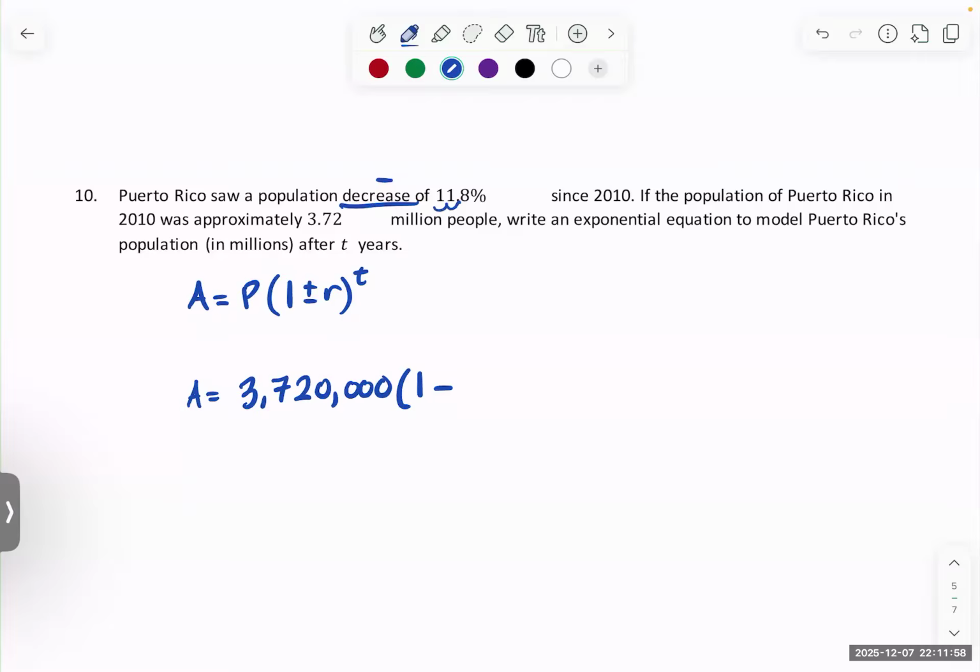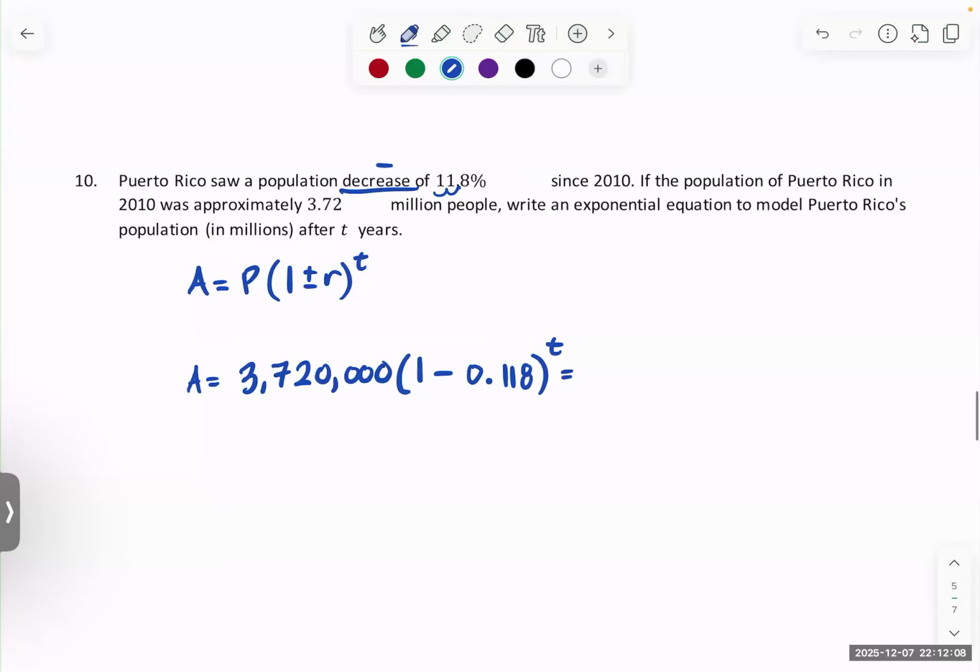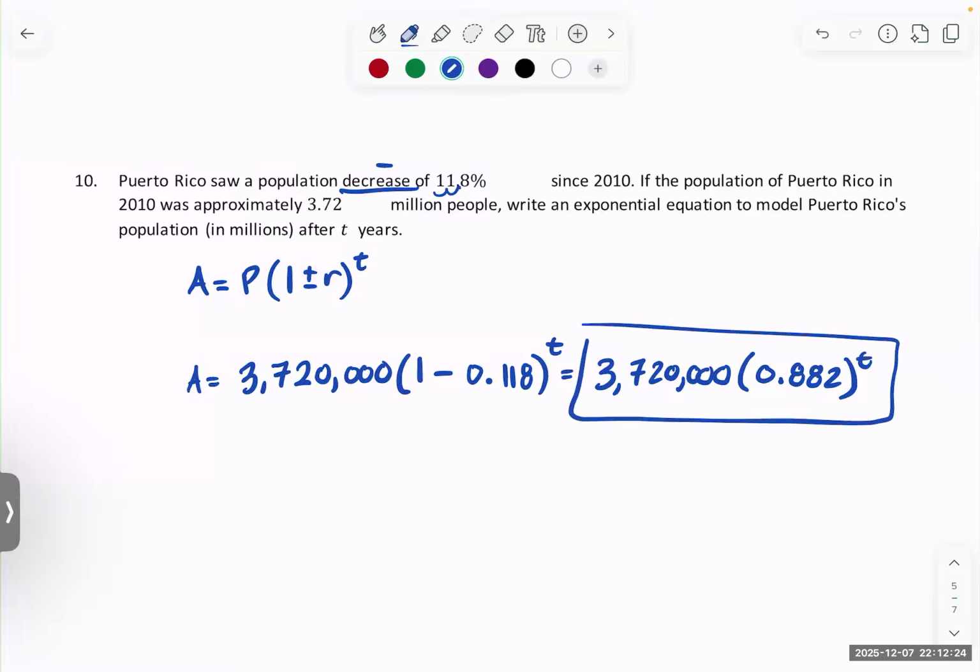And then you move the decimal place over, so 0.118 to the power T. And you need to simplify this. So 1 minus 0.118 is going to be 0.882 to the power T, and that is your final answer.